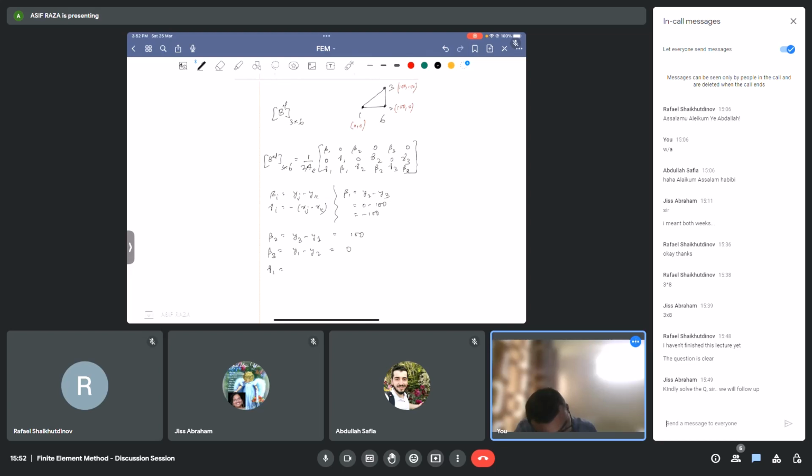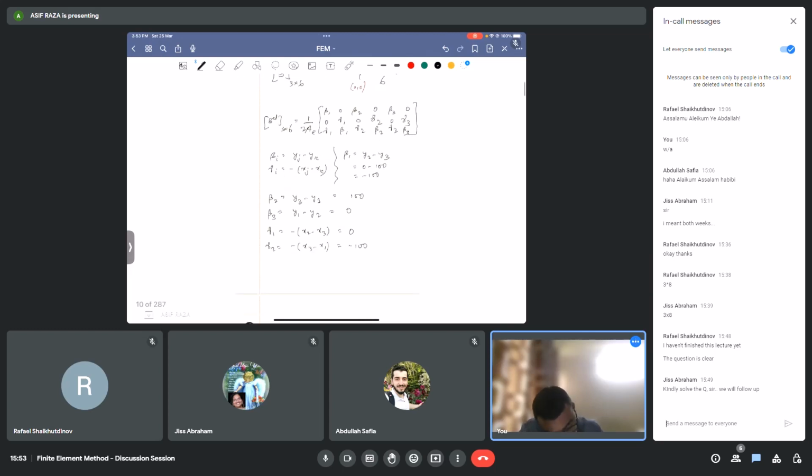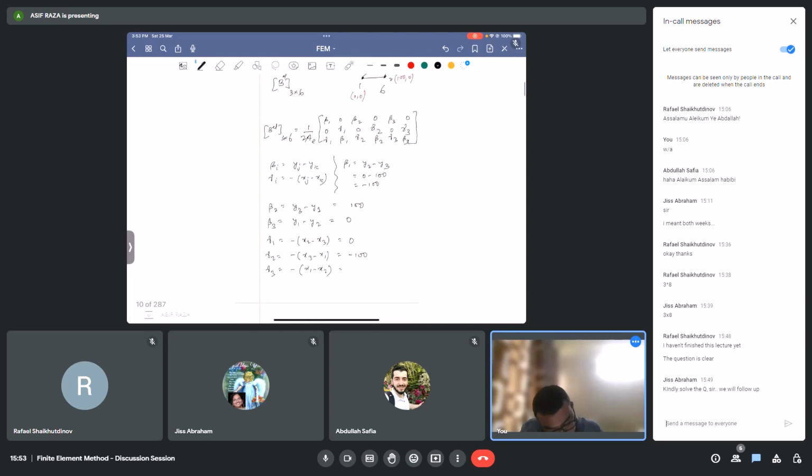Gamma 1 is minus of x2 minus x3; x2 is 100 and x3 is also 100, so this is 0. Gamma 2 is minus of x3 minus x1, with x3 is 100 and x1 is 0, so this is minus 100. Gamma 3 is minus of x1 minus x2, x1 is 0, x2 is 100, so minus of minus 100, and as a result it is 100.